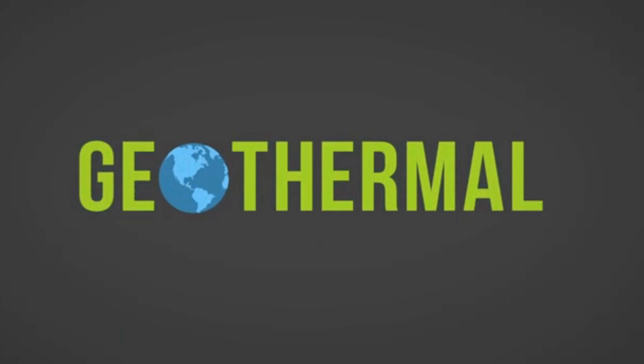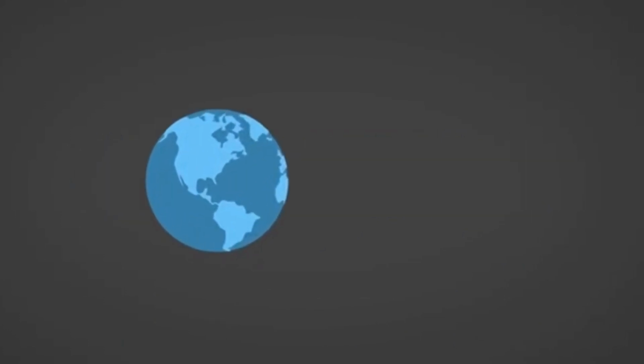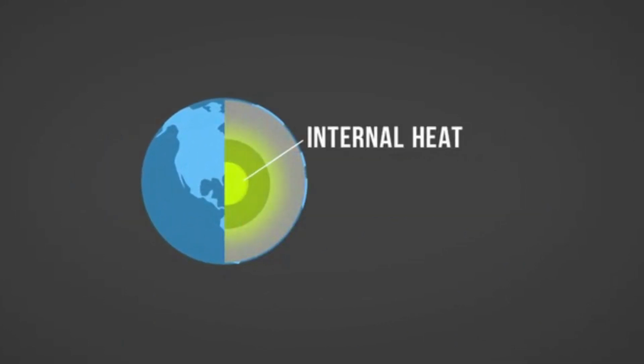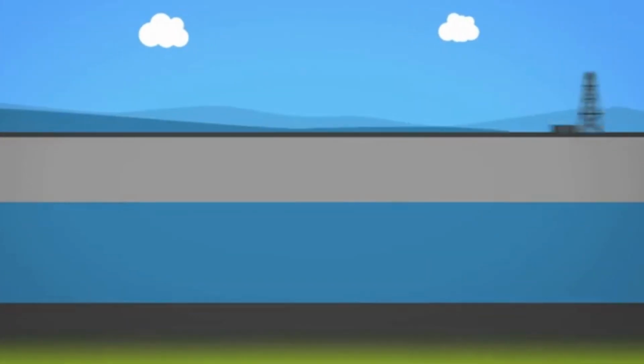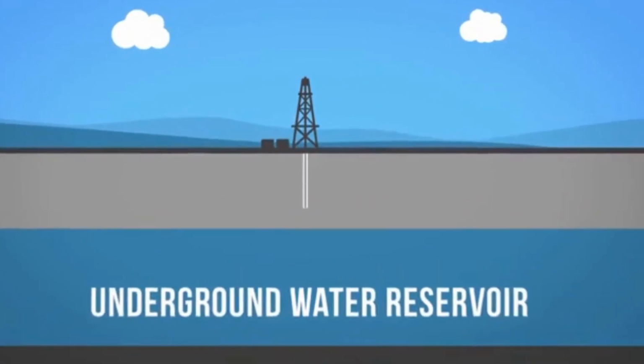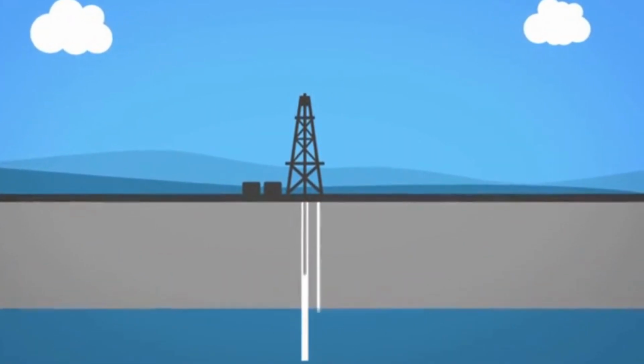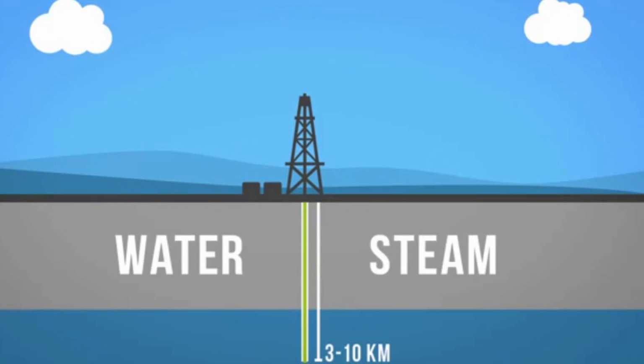Geothermal. Geothermal refers to producing energy from the internal heat of the Earth. The internal heat of the Earth is generated from radioactive decay of minerals and continual heat loss from the Earth's original formation. Geothermal wells are drilled into the Earth's crust at approximately a depth of 3 to 10 kilometers. The heat is extracted with a variety of methods, but in most cases is drawn from the Earth using water and steam.